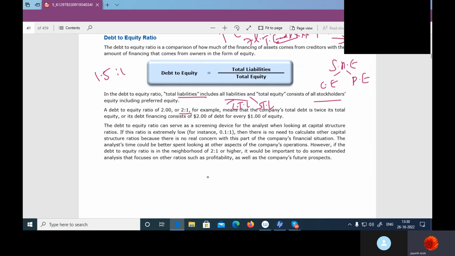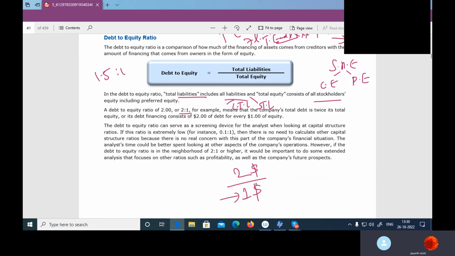Debt to a certain level is always acceptable, but beyond a certain level, if you don't perform constantly, or don't generate a good amount of revenues, then your business becomes more and more debt ridden. Suppose total debt is $2 and total equity, your contribution to the business, is $1.